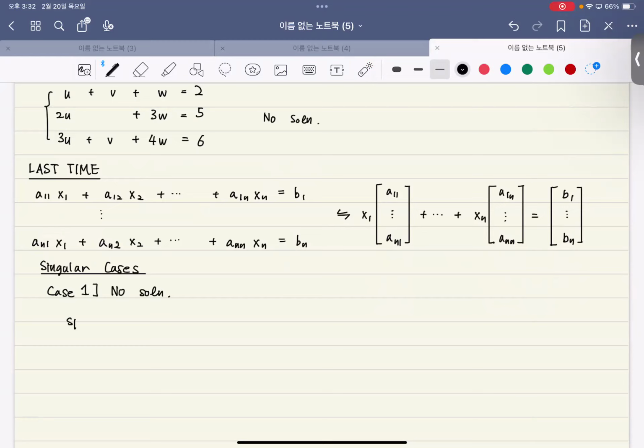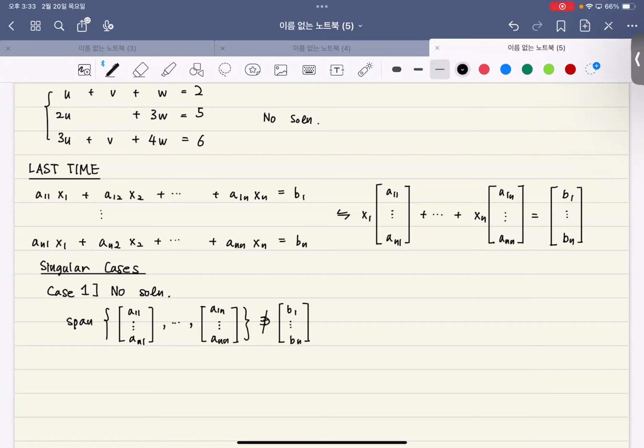Having no solution means that the span of all these vectors does not contain the column vector on the right. So that was our column picture.